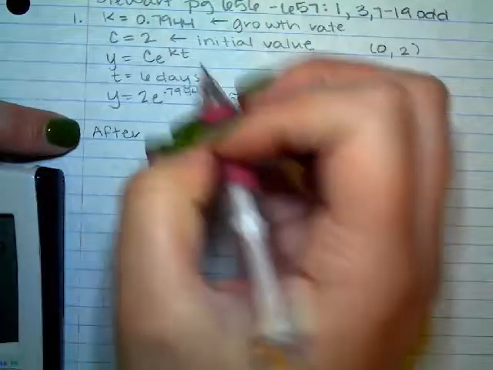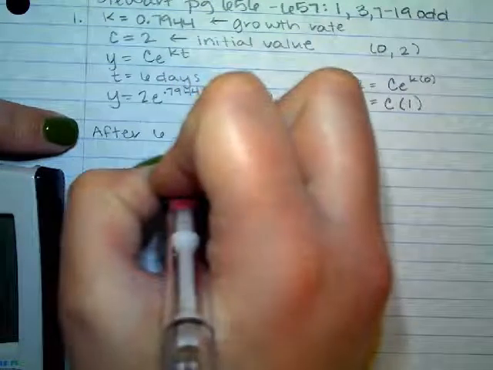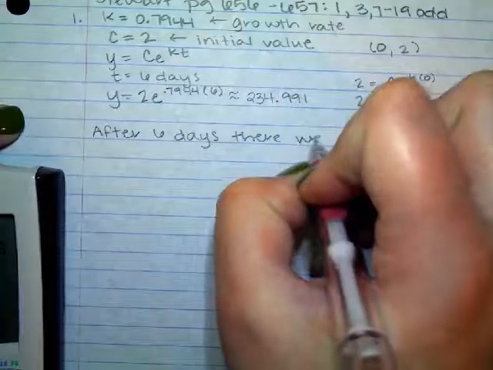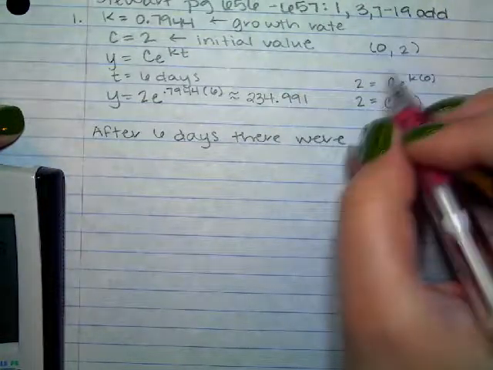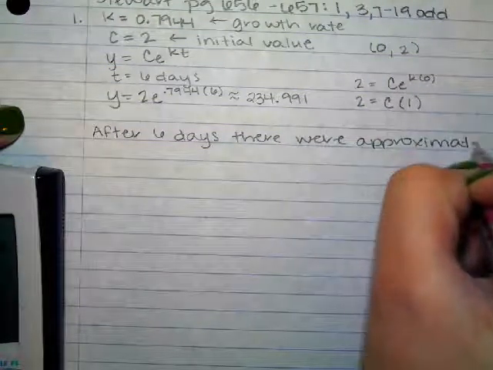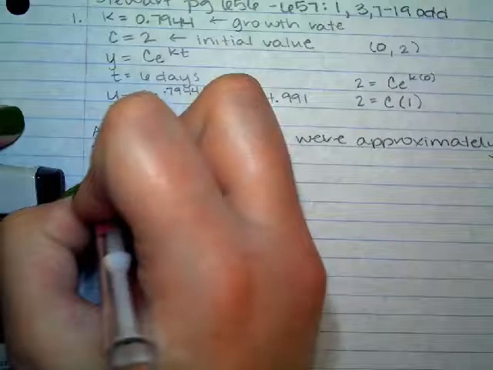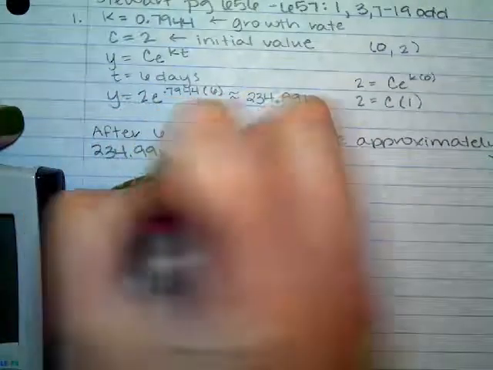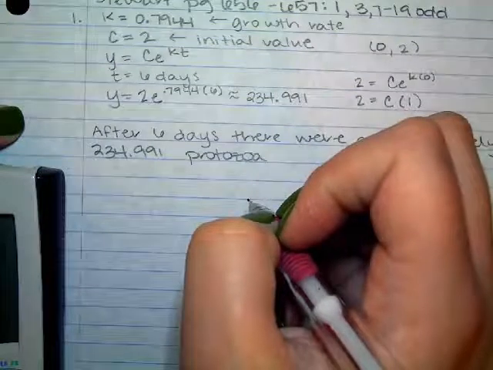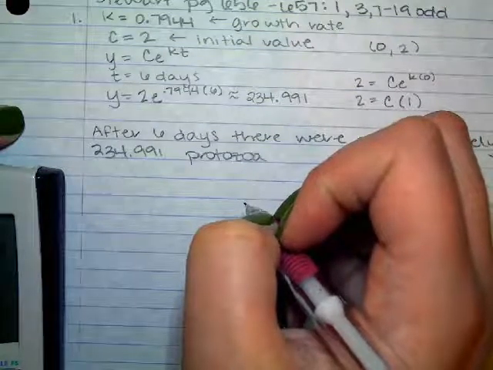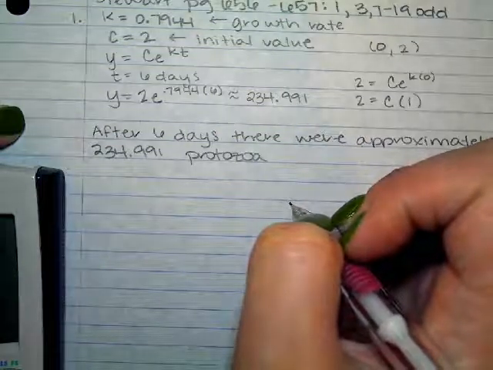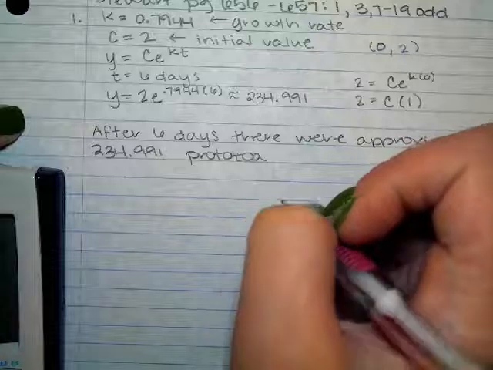So after 6 days, there were... I'll just say, it says a population of protozoa, and then it says find the population size. So I'd say protozoa. Yeah.